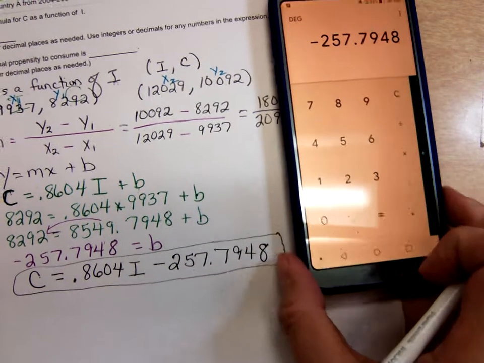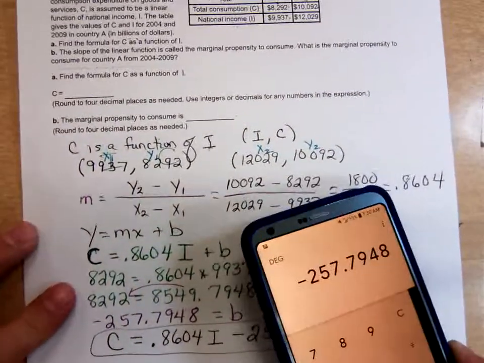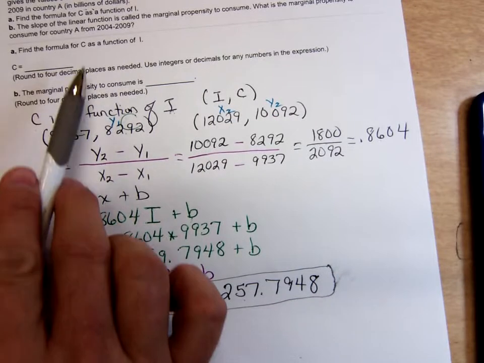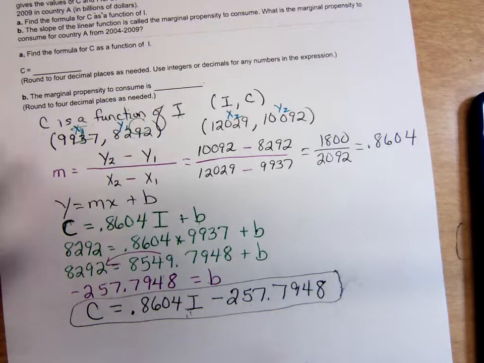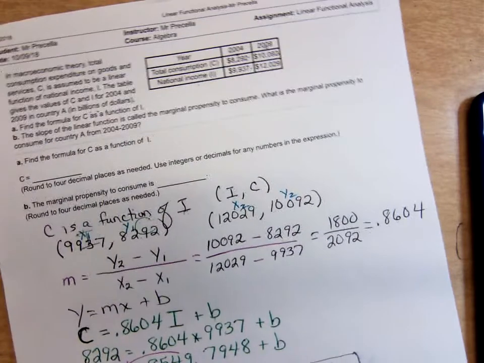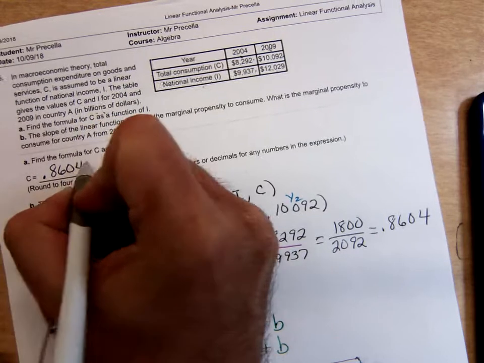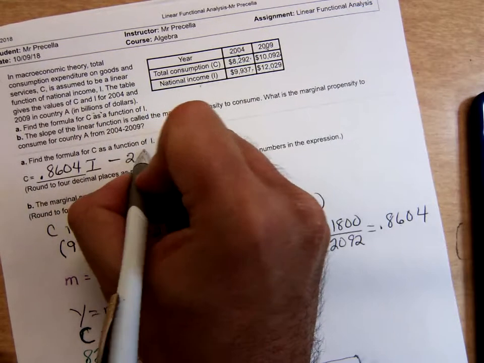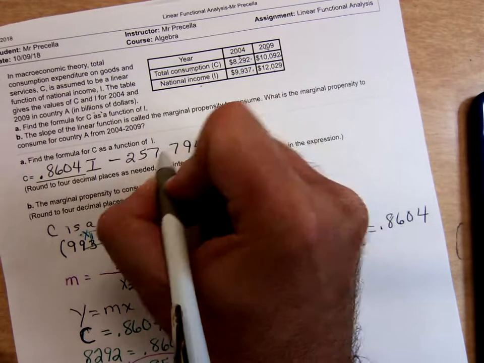So if someone asks you, what did you do in algebra today? You could tell them, well, we wrote a formula for national consumption given national income. Okay? So C equals 0.8604i minus 257.7948. Okay.